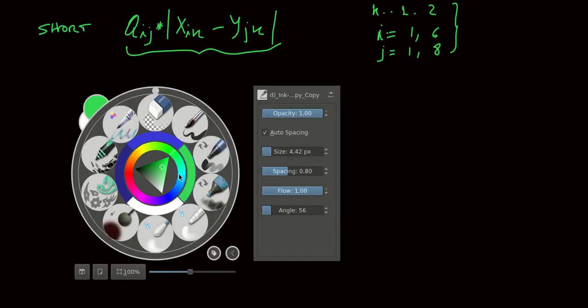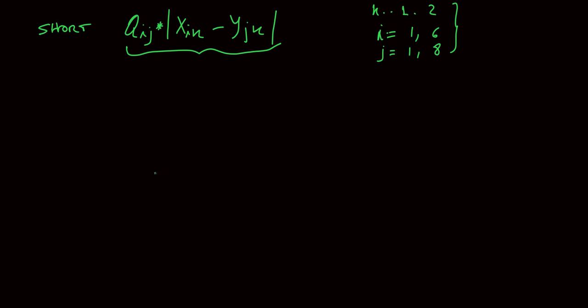Let me switch colors. So in the long form, maybe I need to expand for k. Let's say for k equal to 1.